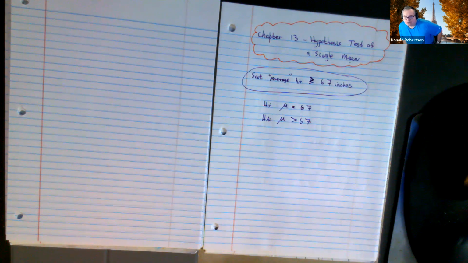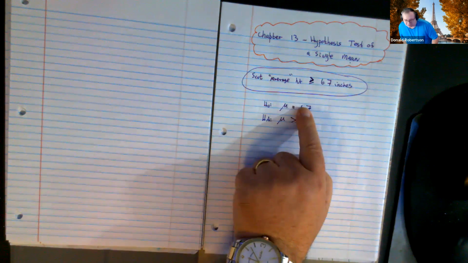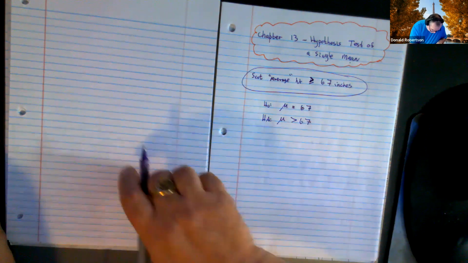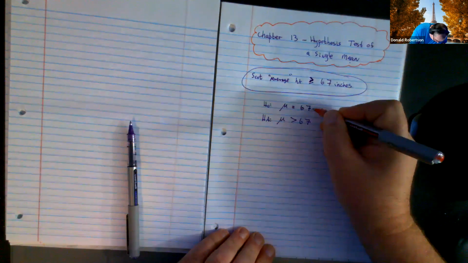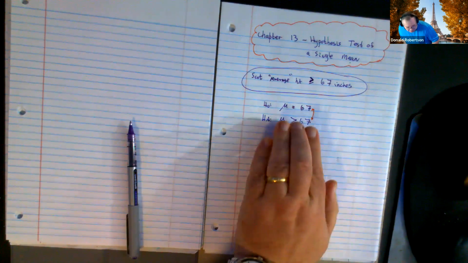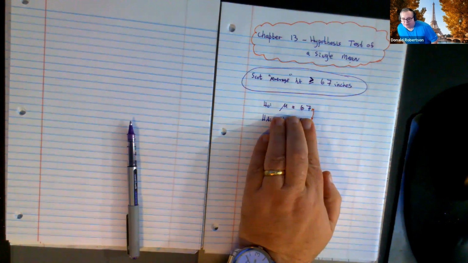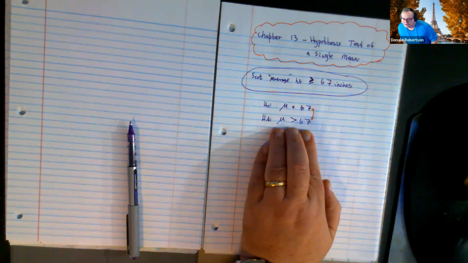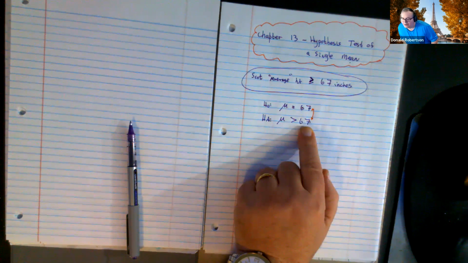Now, if I wanted to prove that the average height of Scotsmen was less than 70 inches, this would be 70 and this would be less than 70. So whatever these two numbers are, they're always the same. And the null hypothesis, regardless of what this textbook says, is always going to be mu, the population mean, equals that number. And the alternate in this case is greater than.